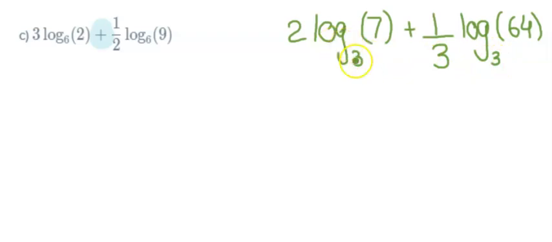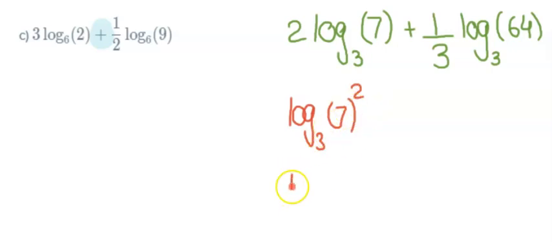So you know that the 3 goes with the base. First thing we need to do is use the rule. The rule says this 2 can come on top of the 7. So that becomes log base 3 of 7, and that 2 will jump on top of the 7. So 7 squared.